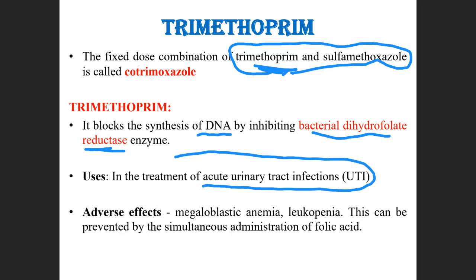In that case, it is a very useful drug and effective very quickly. In some minor infections, only trimethoprim 200 or 400 milligram will be given, or based upon the severity, a combination of the drug is preferred.